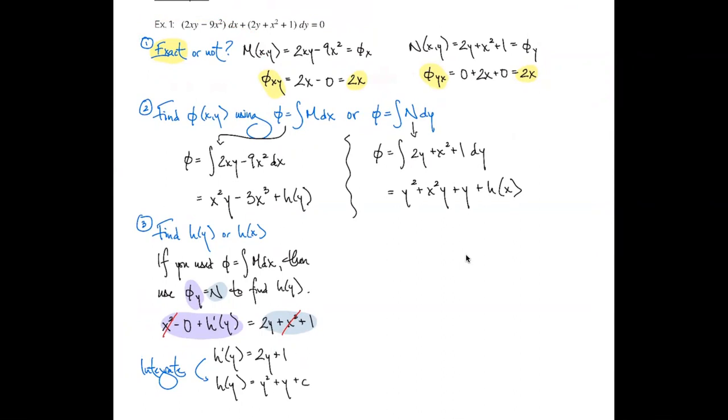But in the future, we really only want to choose one and go with that one. And in fact, we want to choose the easier one. So far we have integrated m with respect to x and gotten a possible phi function. But in order to finish, we need to find h of y. And so that's why this next part is helpful, because it helps us find h of y.